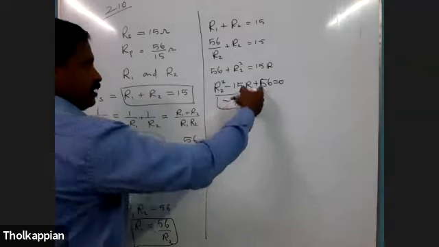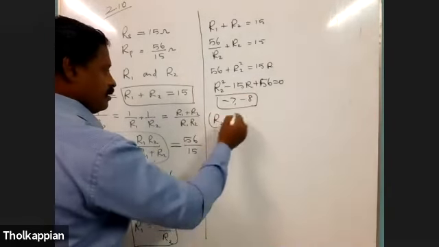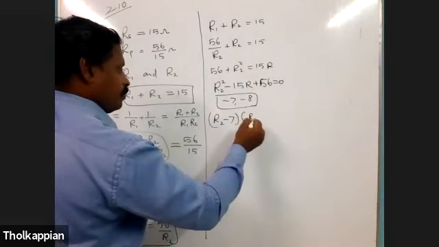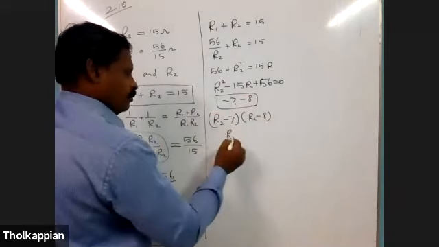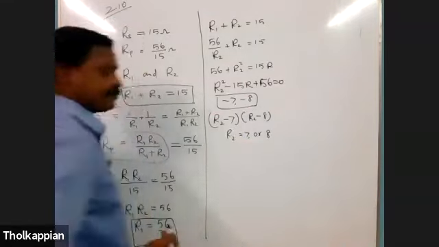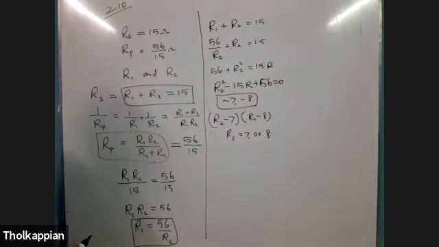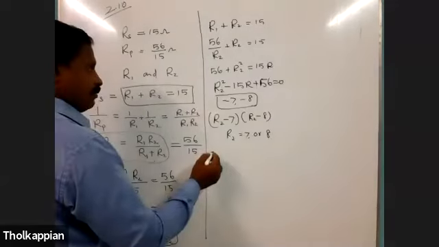So minus into minus is plus. So you can write R2 minus 7, R2 minus 8. That is R2 is equal to 7 or 8. Maybe 7 or 8. Take this equation to find the other value.